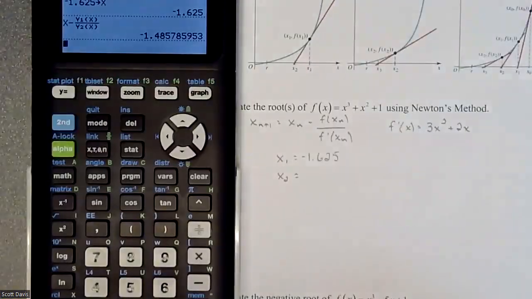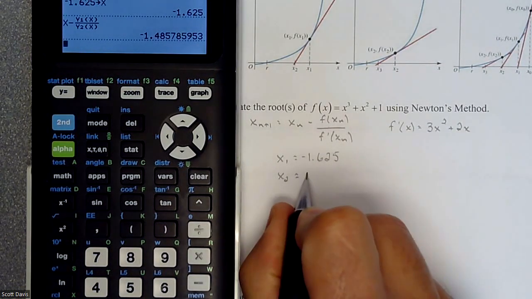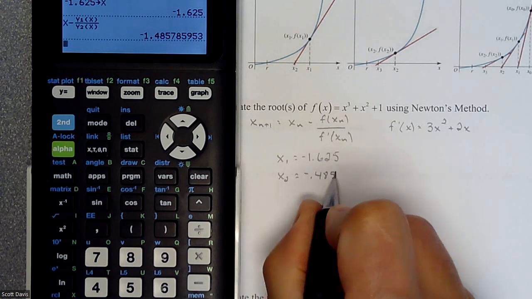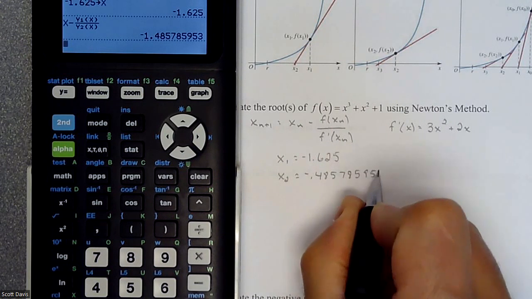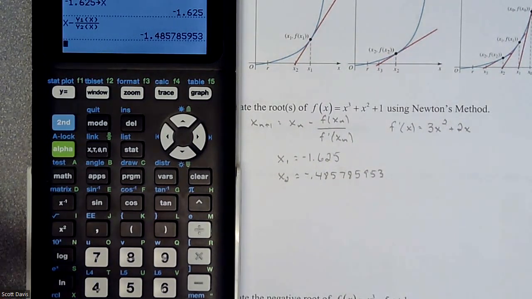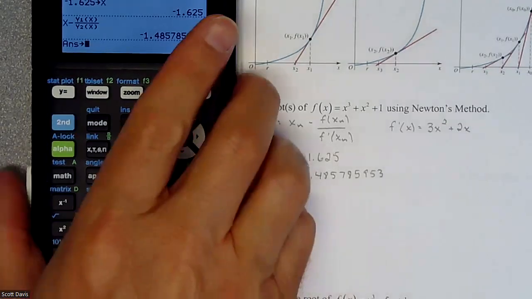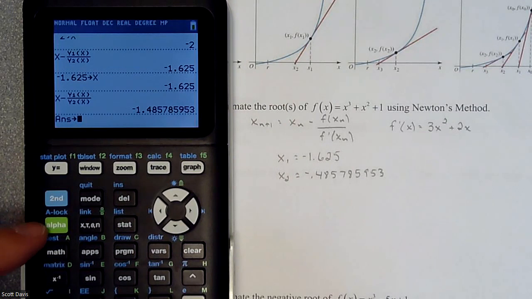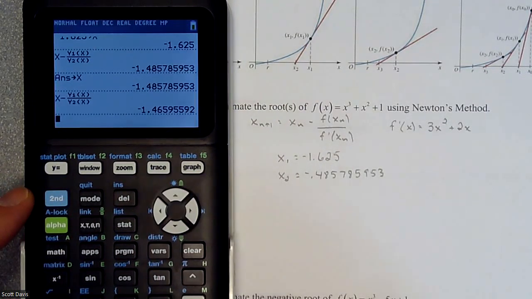Okay, and so I'm going to start to squeeze this value. I'm going to take all the decimals, negative 1.485785953, and store that value as x again. Then I will go up and run it again.